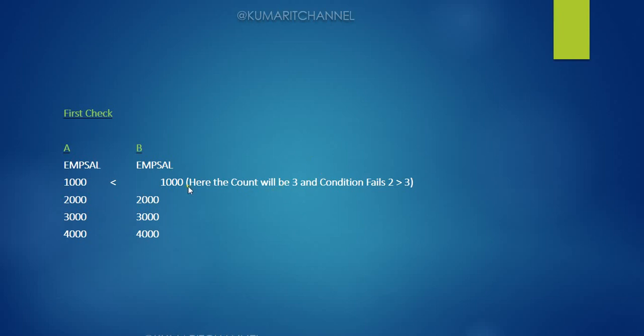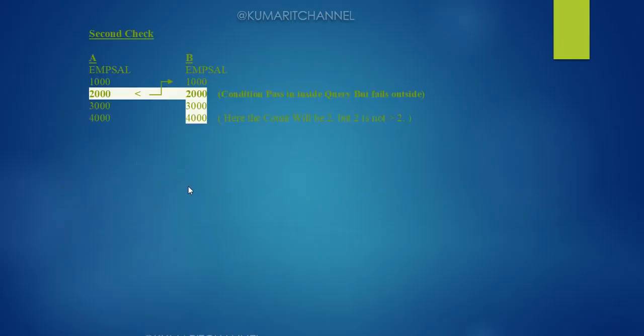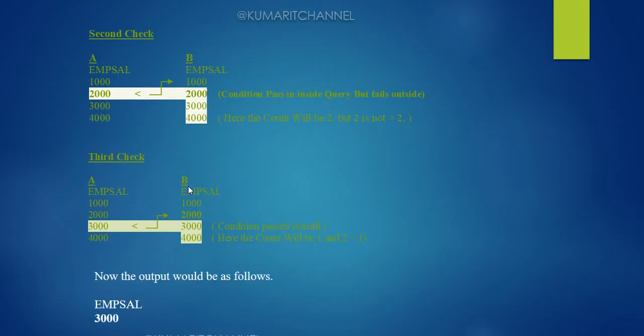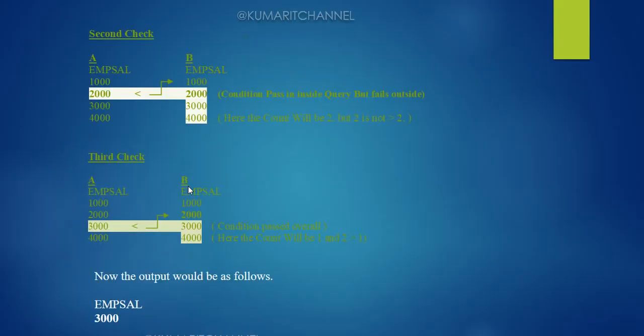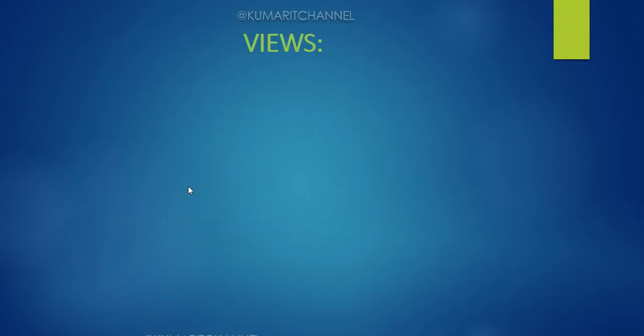Whenever that condition is satisfied, it takes the count, goes to the inner query, and keeps on checking. In the second check, again the condition passes to this and then retrieves. Then in the third check, similarly it goes and checks for the same thing, and finally it says, okay, I'm satisfying these conditions, and then that will be displayed. So that's how a correlated subquery will be completed.